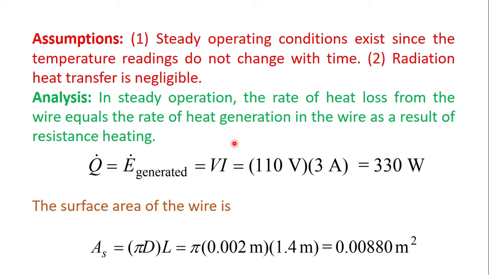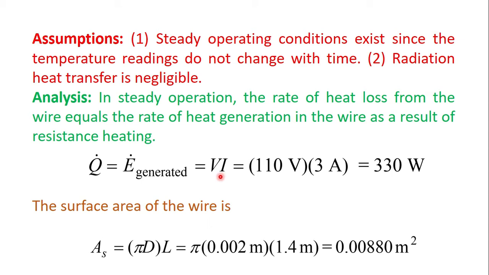So the first thing is you have to determine the rate of heat loss, and we have just said that the rate of heat loss is equal to the rate of heat generation inside the wire. The rate of heat generation can be calculated from the voltage and the current values given in the question statement.